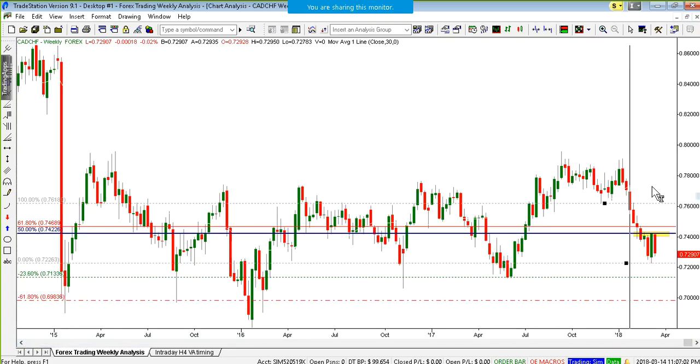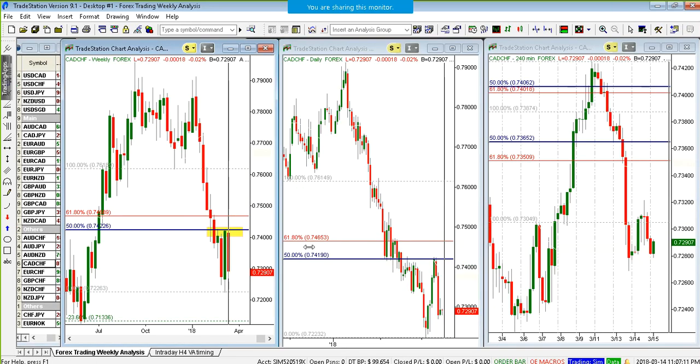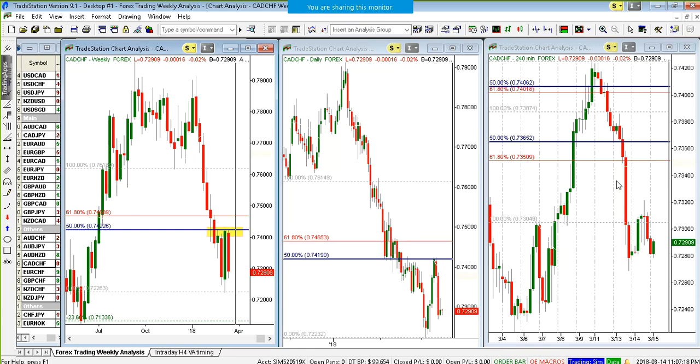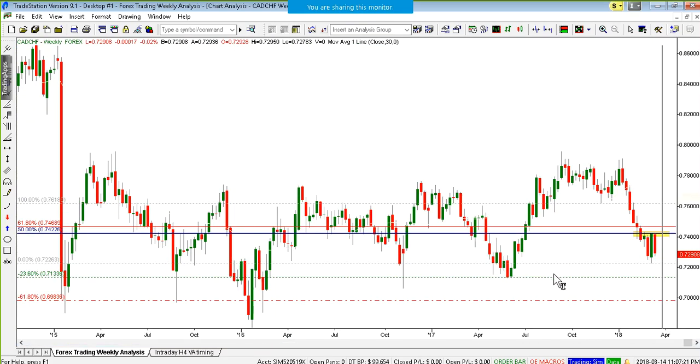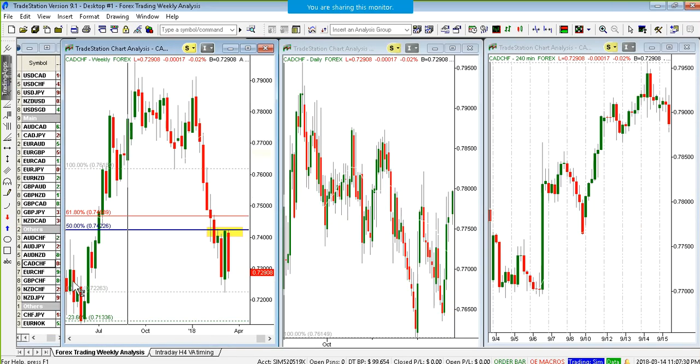Okay, so we indicated this level well in advance, in fact before it was testing or when it was being tested. So this was an opportunity to take the short here, which played very well. So what is the first target? The first target is actually at previous lows. It's here at 71.33. There's still some 150 pips to go.